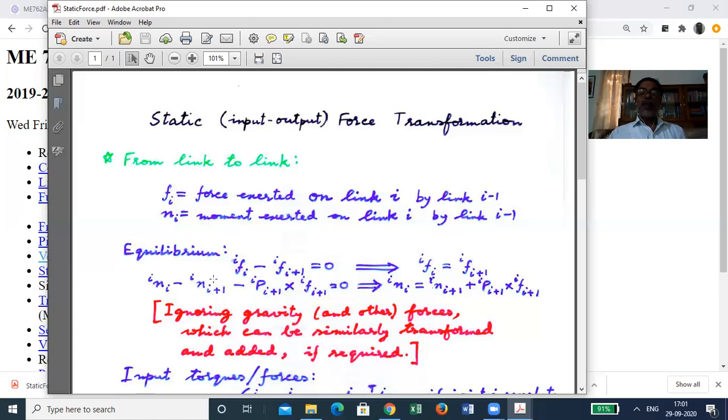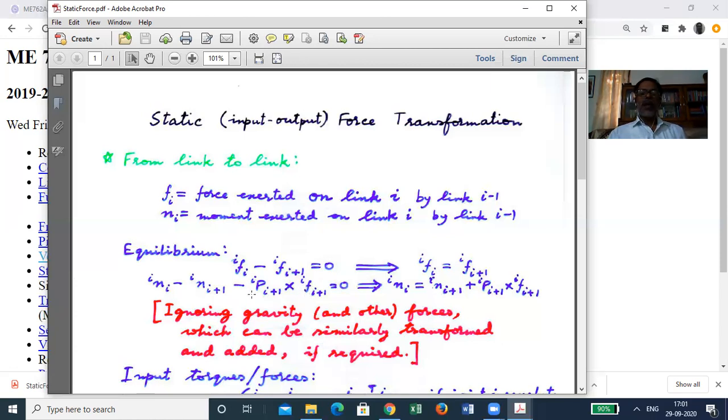Now, when we talk about moments, link I minus 1 is applying this moment on link I, and link I plus 1 is applying this moment minus N_i+1. And since it is applying a force also, F_i+1, at a point other than the origin of the frame I, therefore, that position vector cross that force also is there.